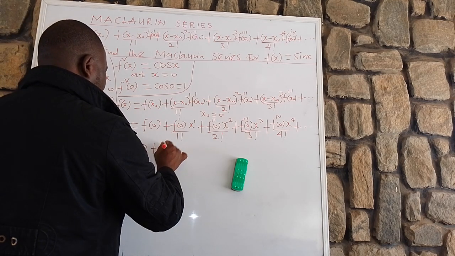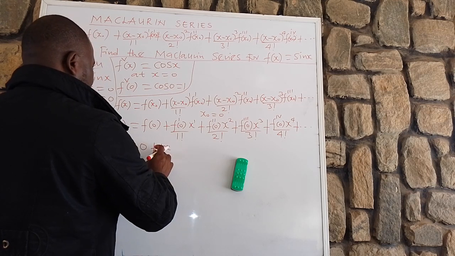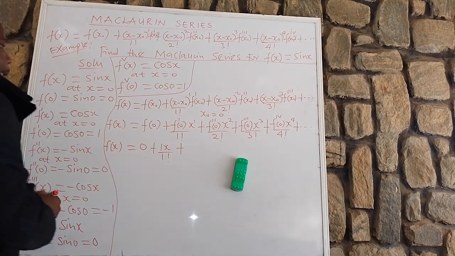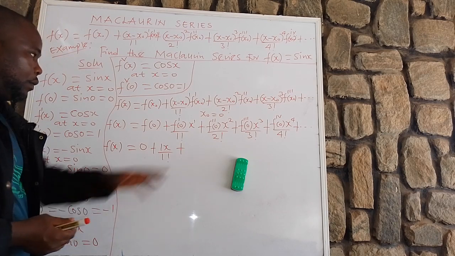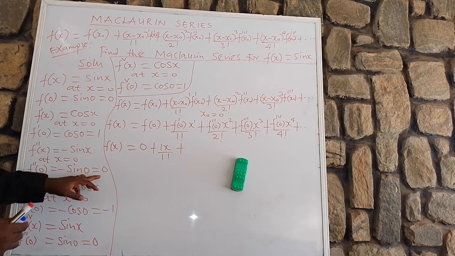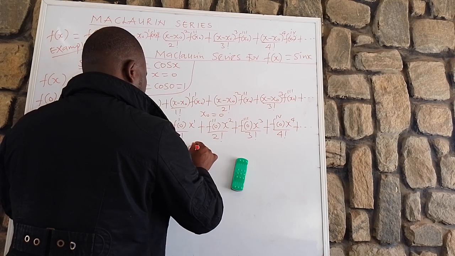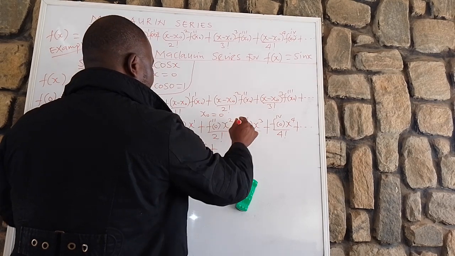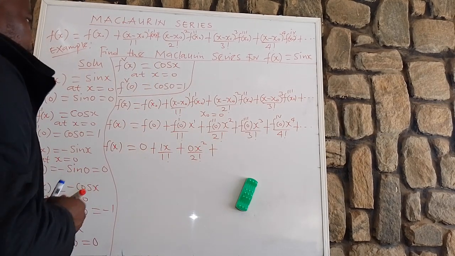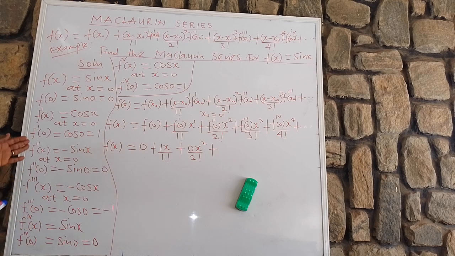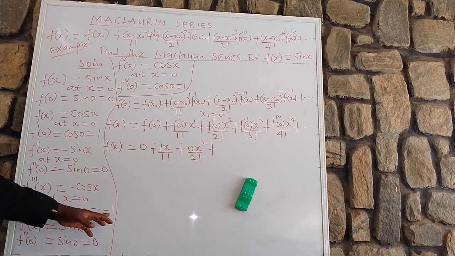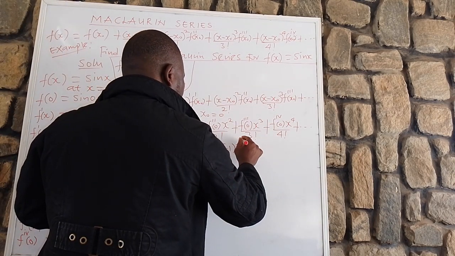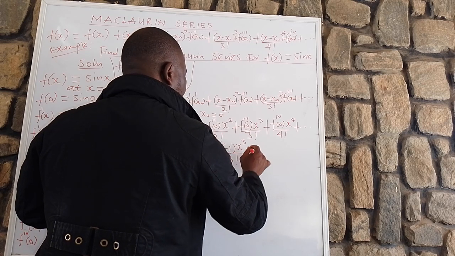So 1 times x all over 1 factorial, then plus f double prime of 0 is 0, isn't it? 0 times x squared all over 2 factorial, then plus f triple prime of 0 is minus 1. So here will be minus 1 times x raised to the power of 3 all over 3 factorial.